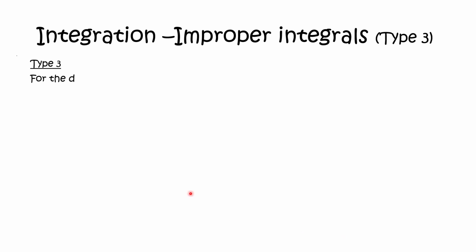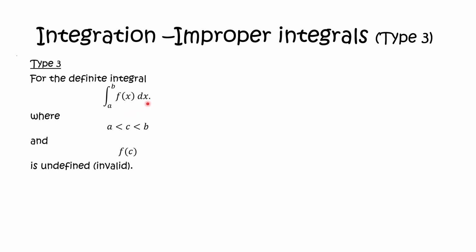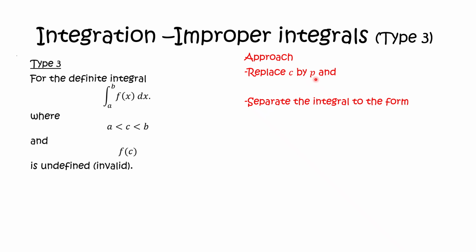Let's move on to type 3. For the definite integral from a to b of f of x dx, where we have another variable c in between a and b, and f of c is undefined or invalid, the approach is to replace that particular c, which lies in between a and b, by a p, and then separate the integral to the form a to p f of x dx plus p to b f of x dx.